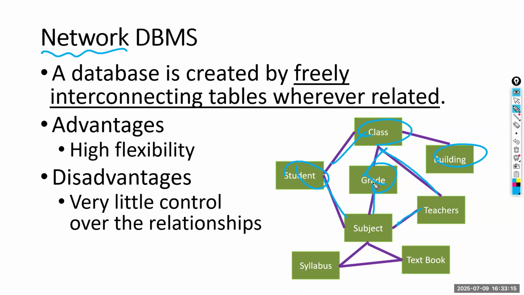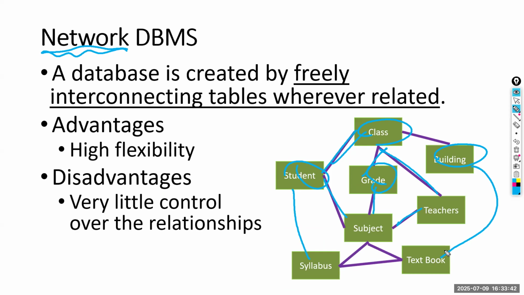Right? So there's no hierarchy, there's no hard and fast rules. So that is the other extreme, because the hierarchical approach is very strict. The network approach has almost no restriction. If you want to relate two things, you relate them.